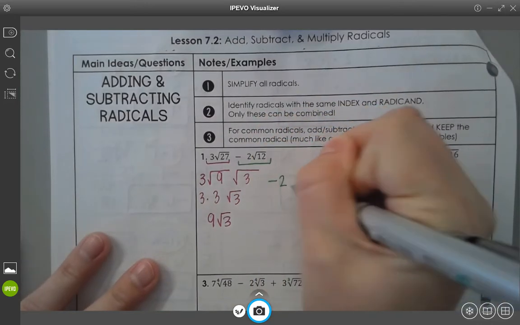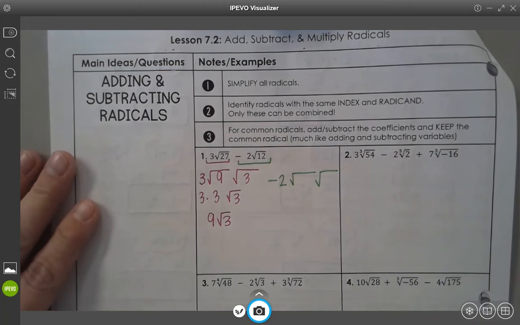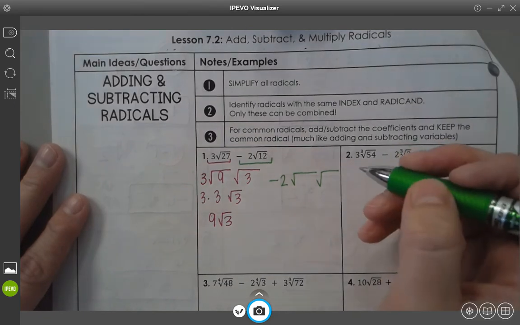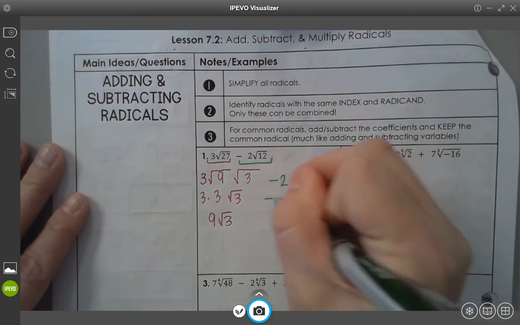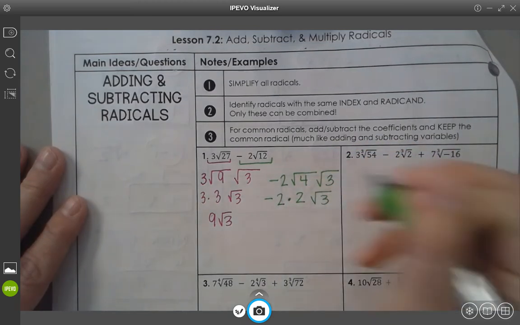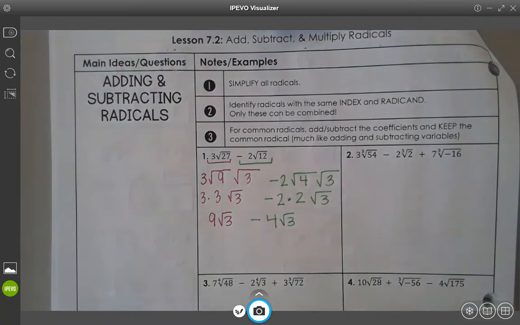this. Negative 2 times the square root of 12, which we need to split up. What is the largest perfect square that goes into 12? 4 and 3. 4 times 3. So this is negative 2 times 2 square root of 3, which is negative 4 square root of 3.